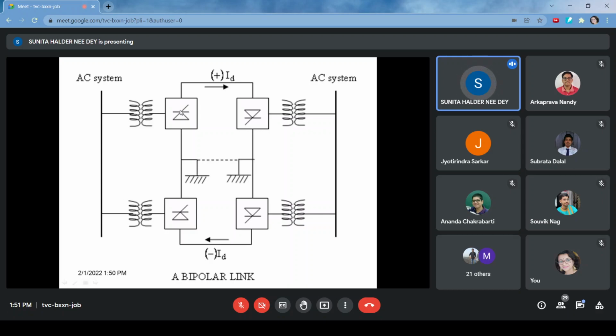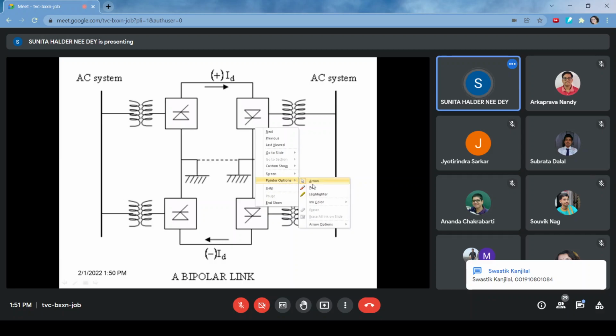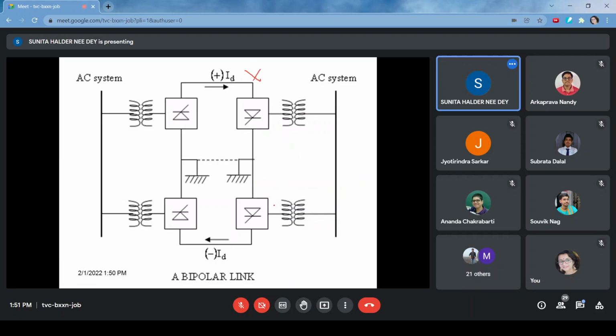So if one link is out of order, say the positive side, then the negative link can never cater to this load because the circuit connection is totally different. One is supplying positive current, another is supplying negative current at the same time, and interference is also high.